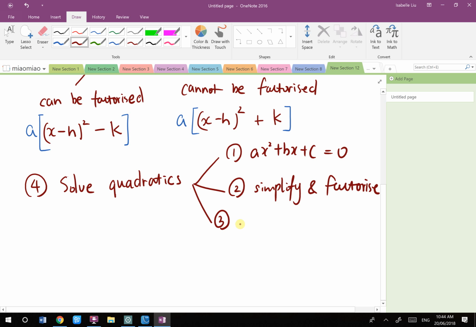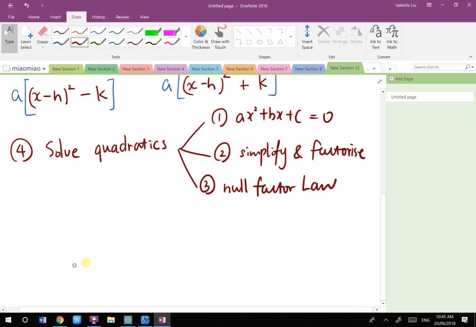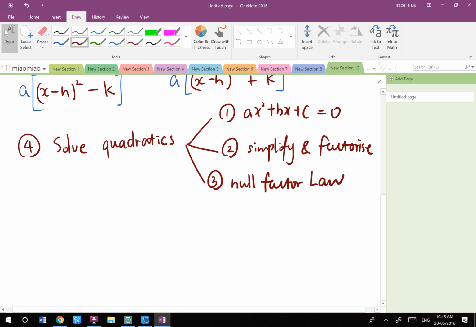And step 3 is the non-factor law. Those are the three steps we should do. And we also know that if it cannot be factorized, there will be no solution, like I can't solve.